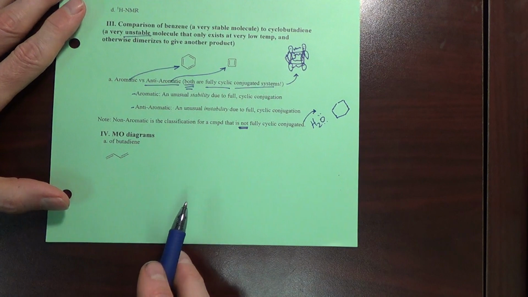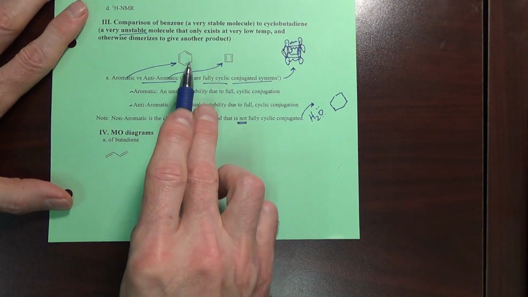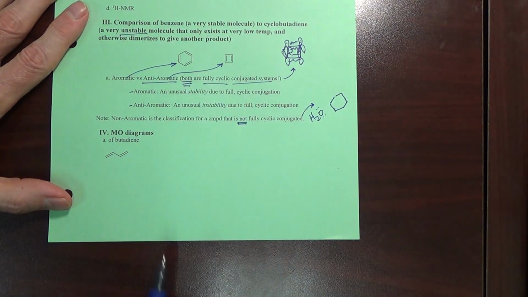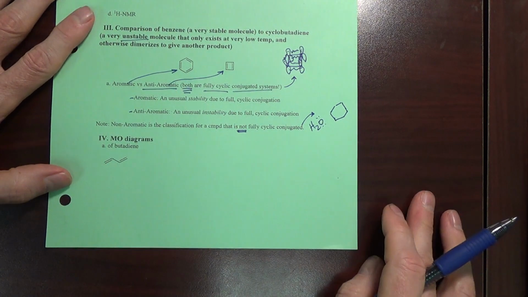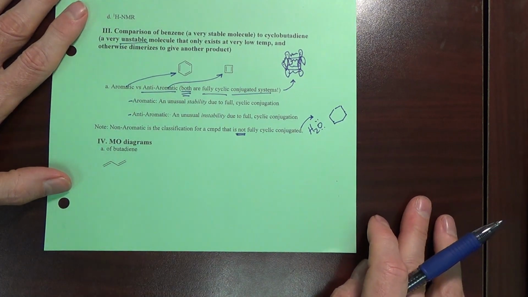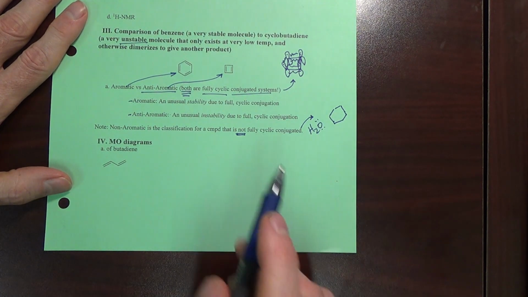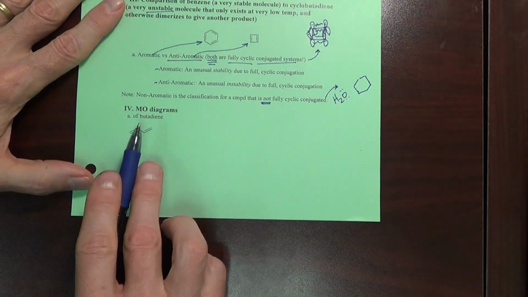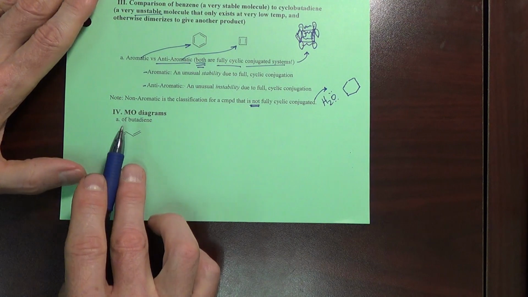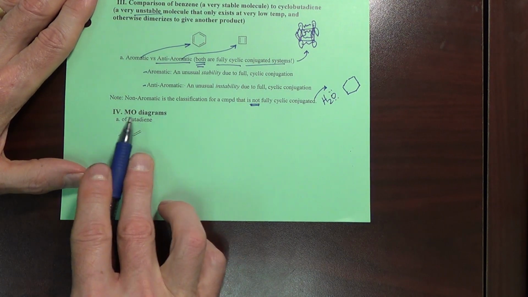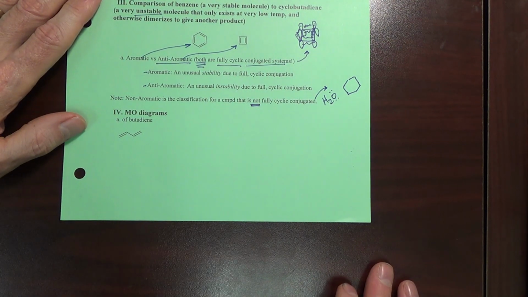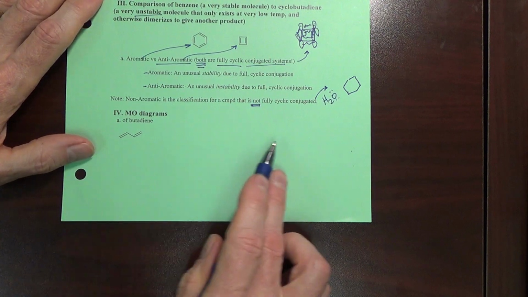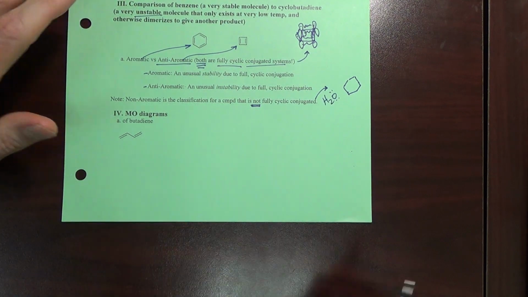In the next video, we need to look at why are these two different, even though they're both cyclic conjugated systems. To give a clear explanation of that, we need to look at molecular orbital theory and do molecular orbital diagrams, MO diagrams. But we will start with a non-cyclic. We'll start with butadiene.